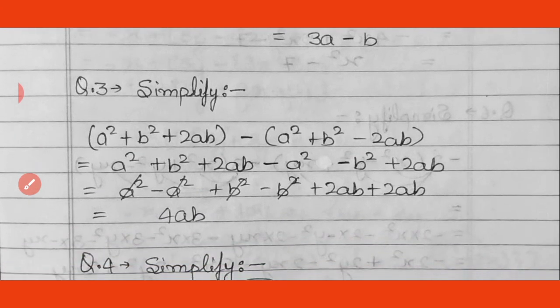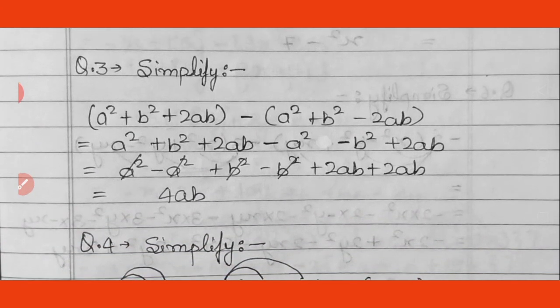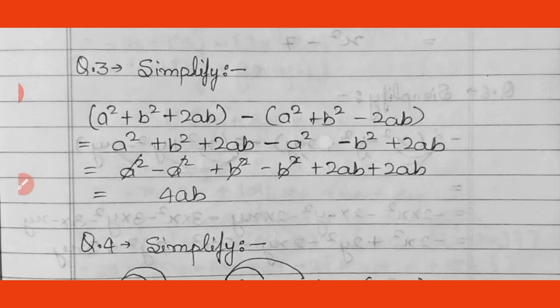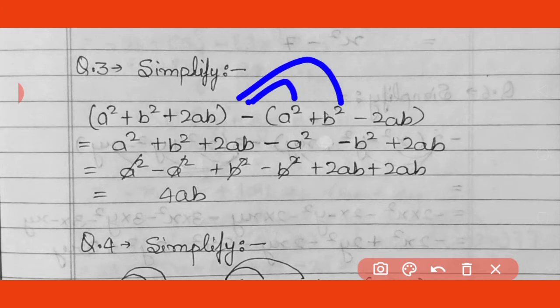Next it has given a simplification. It is an interesting question. In the first bracket it has given a square plus b square plus 2ab, and minus. Now in the second bracket the same type of terms are given, only one sign is changed: a square plus b square minus 2ab. So the bracket will open and this minus will multiply with each term of the second bracket.